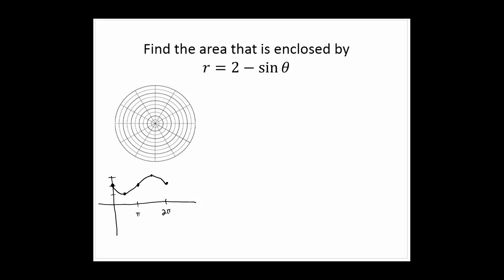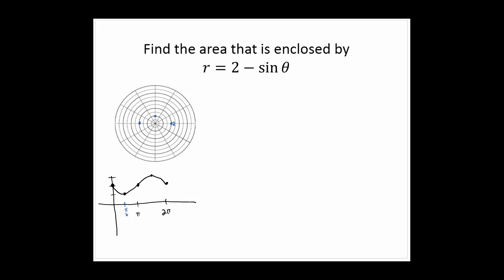And now transferring that over to polar ideas, there's a radius of 2. So we have the point 2, 0. And then the radius decreases to 1 at pi over 2, and then increases back to 2 at pi.